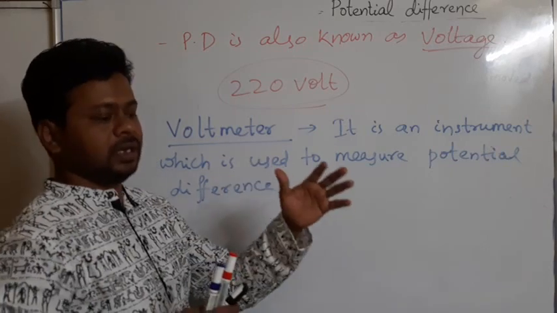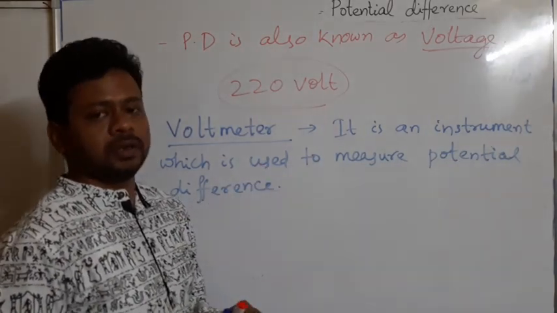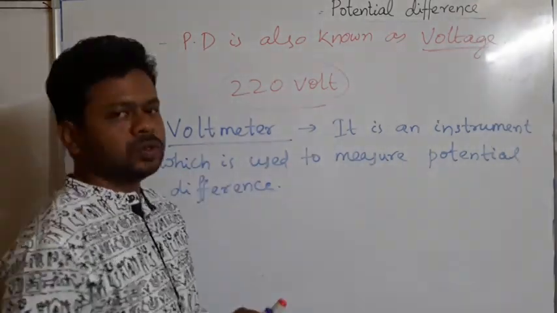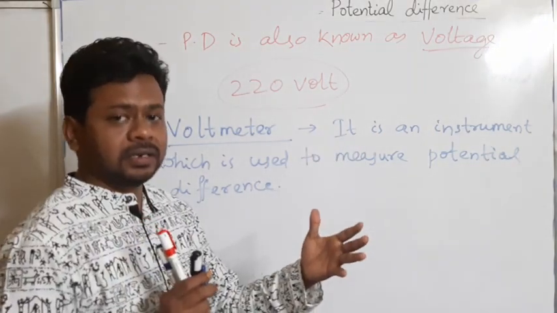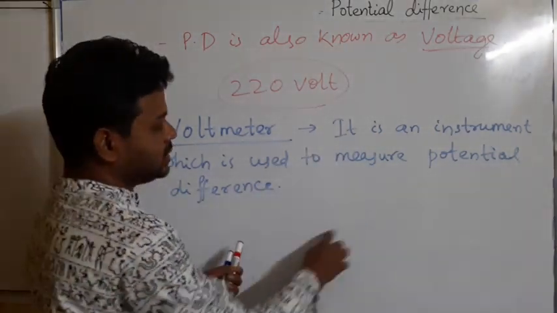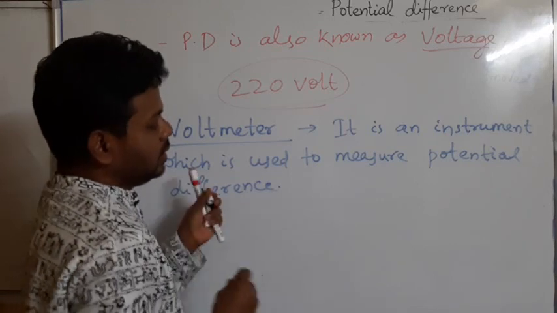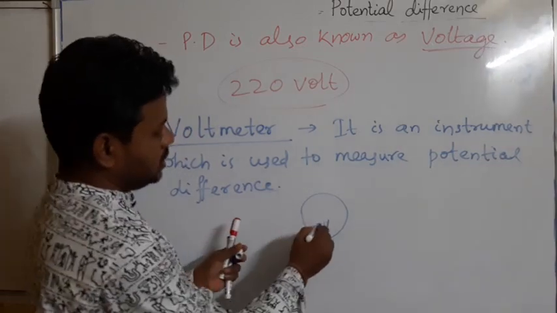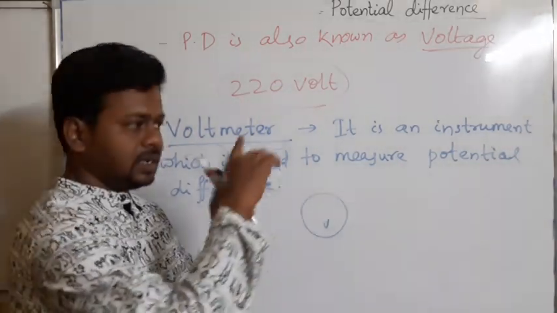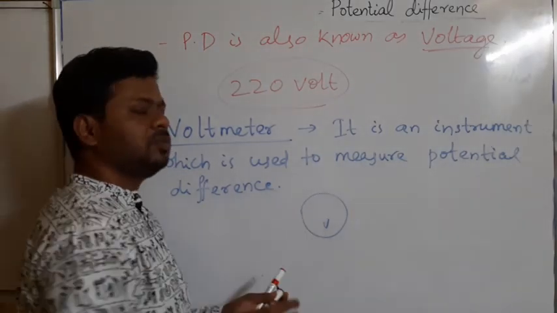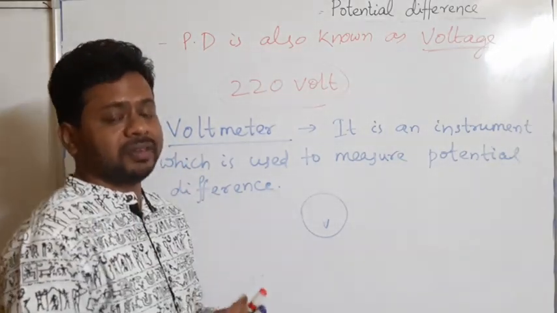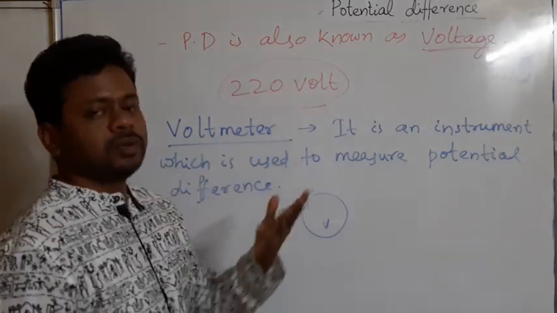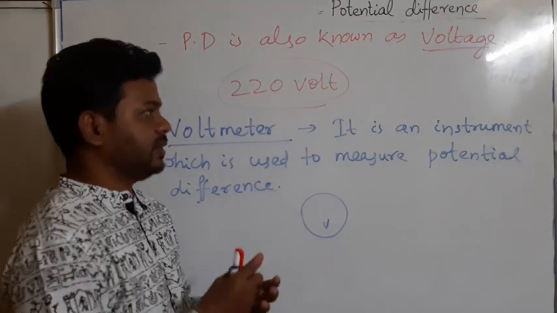Students, in your fridge or other instruments, we use a stabilizer. In the stabilizer you will find a voltmeter written as V, and that voltmeter shows how much potential difference is there in the circuit. So the voltmeter is the instrument which can measure the potential difference.